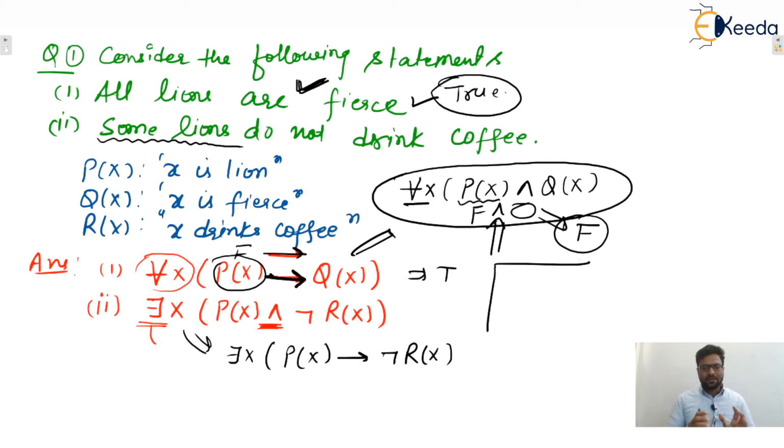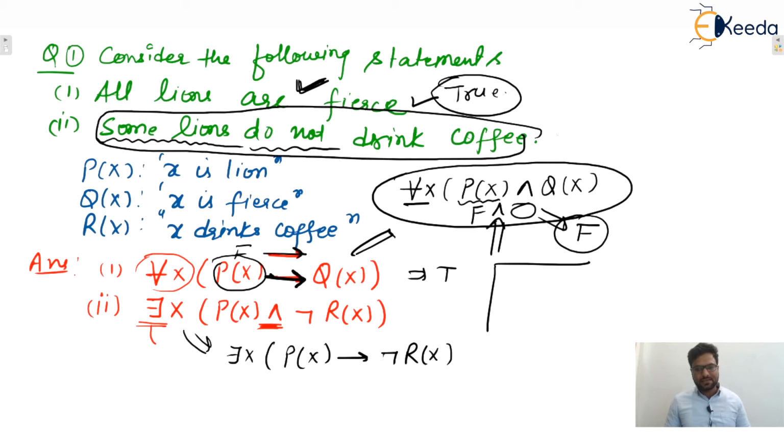Whenever I say some lions do not drink coffee, if there is no lion in the domain, among all creatures, then this statement should be false. This statement must be false if there is no lion among all creatures.